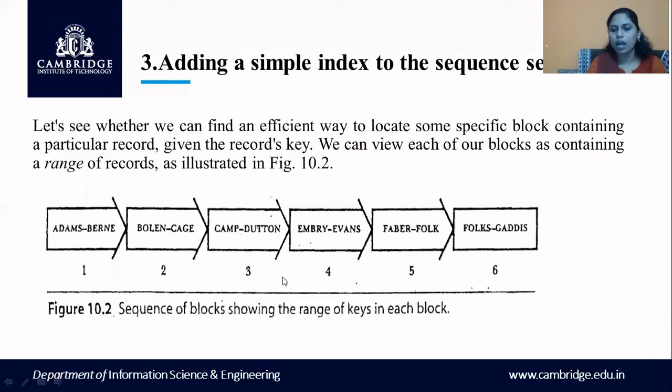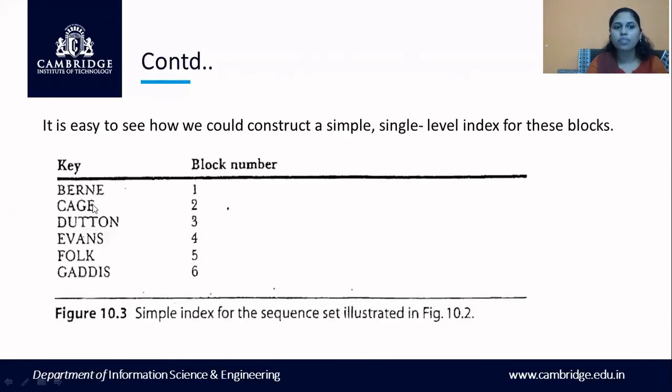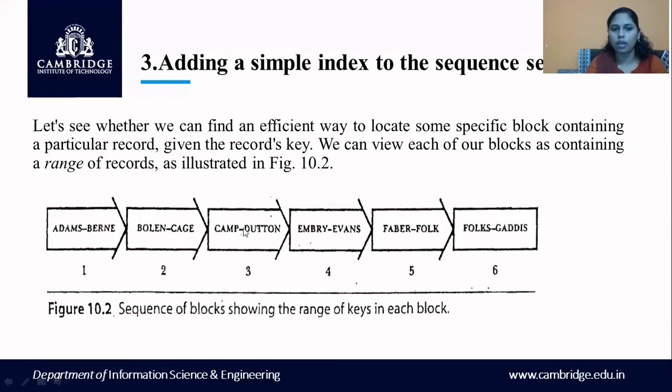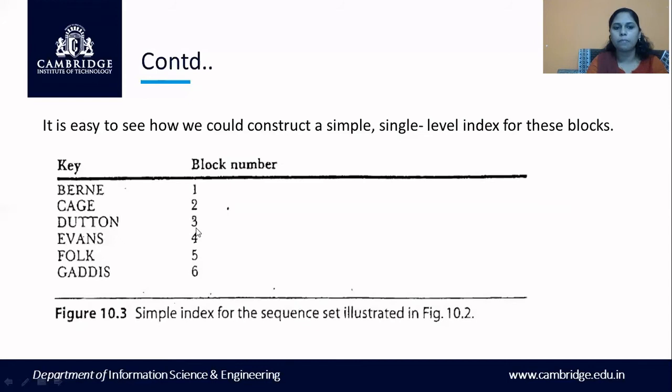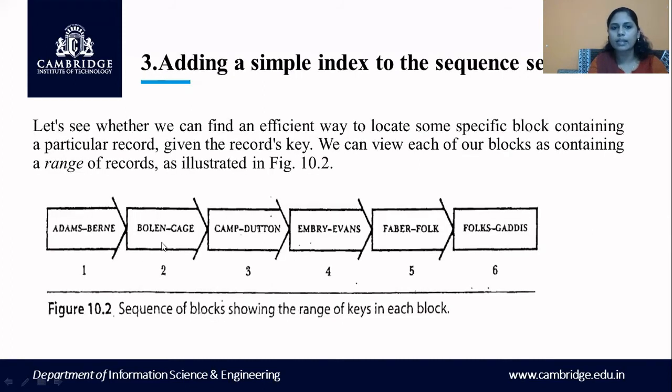How have you created the index? The largest name and the associated block number. What is the largest name? Dutton. The associated block number is 3, and so on. We have 6 blocks associated with the keys. So this is how we create an index for the sequence set.